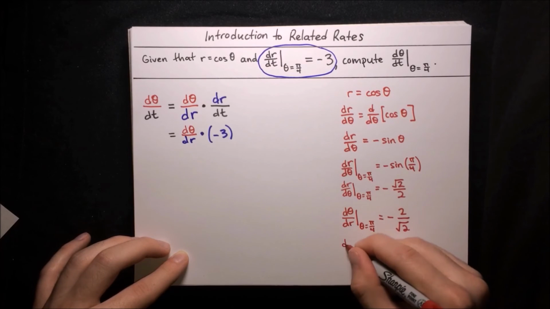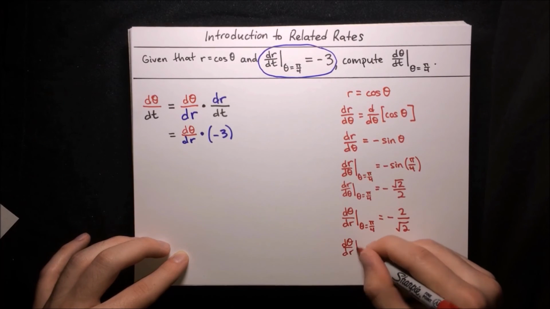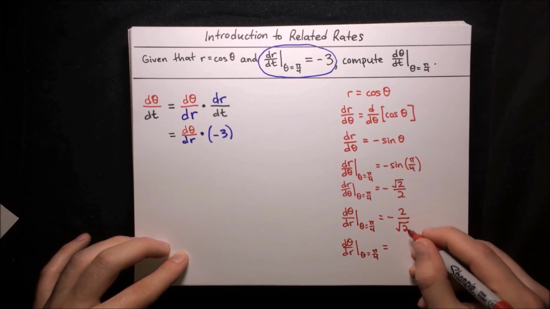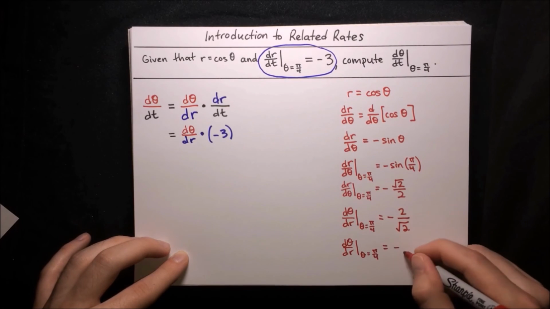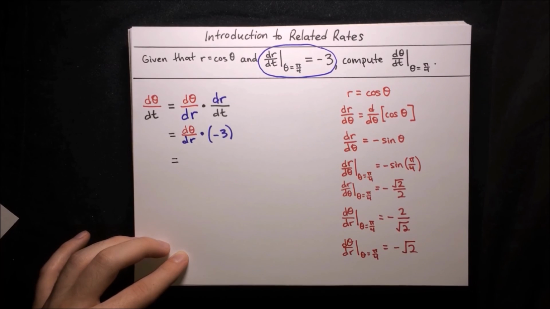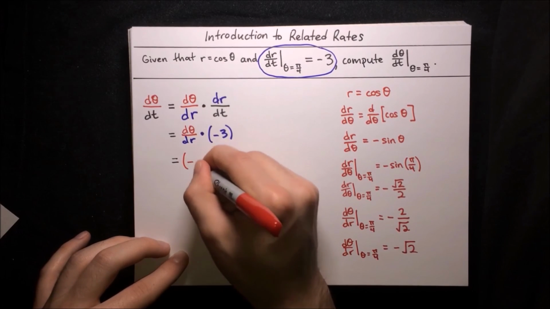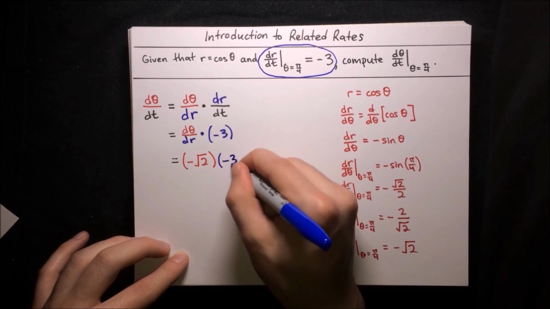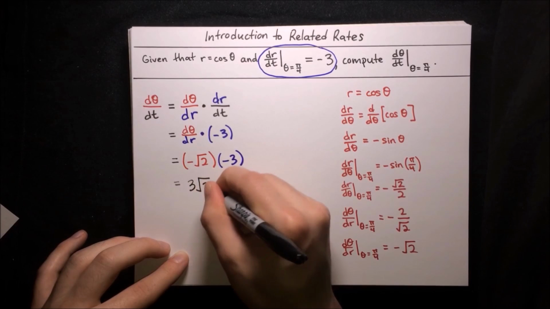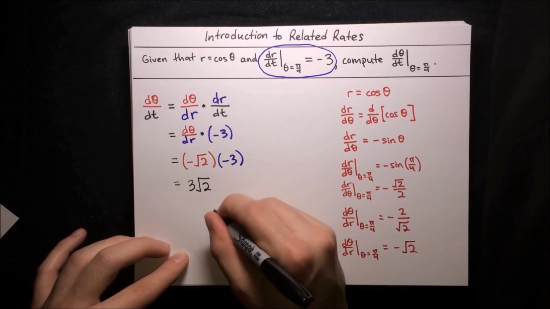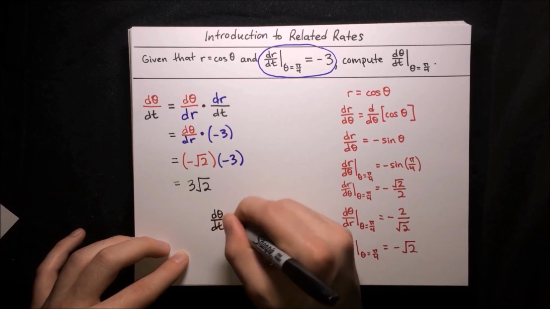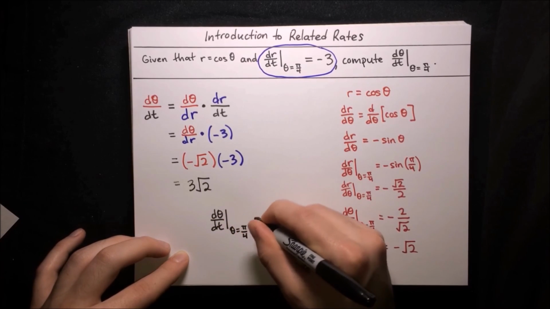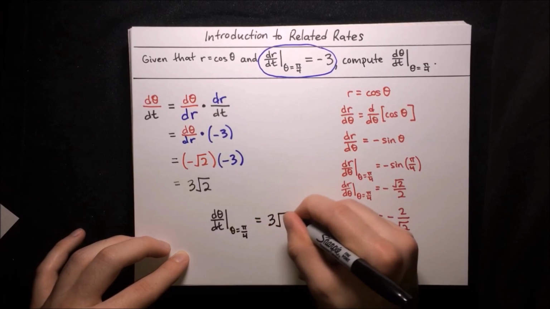We can simplify that: 2 over root 2 is just root 2, so d theta/dr is negative root 2, and then that times negative 3 gives 3 root 2. So there is our result. d theta/dt at the moment when theta equals pi over 4 is equal to 3 root 2.